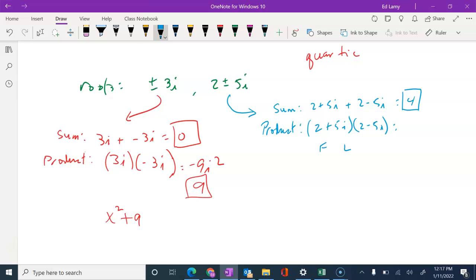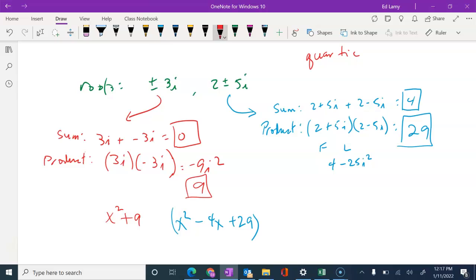First times first is 4. Outer and inner might be a negative 10i and a positive 10i. They go away. But last times last is negative 25i squared. That's plus 25. 4 plus 25 is 29. So that's our product. The quadratic would be x squared minus 4x plus 29.